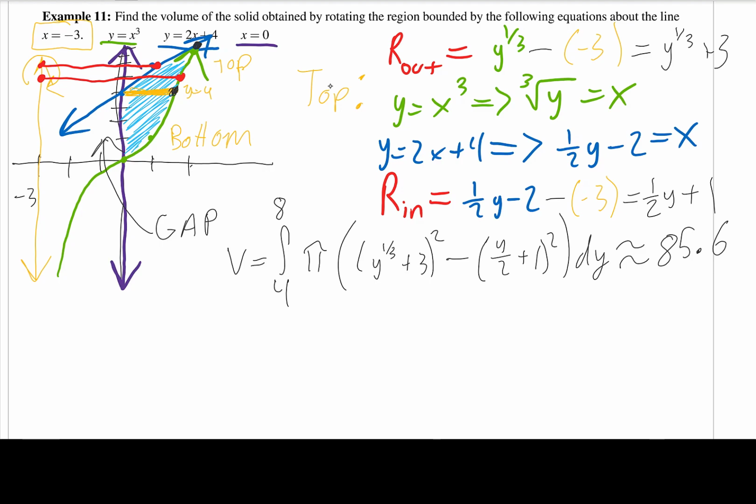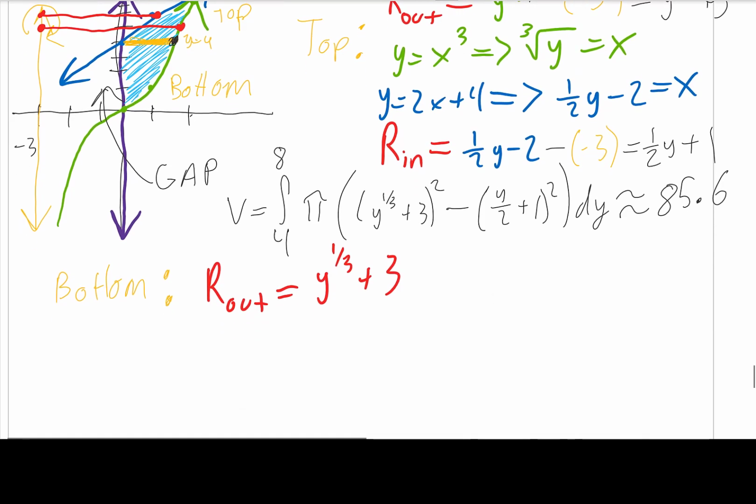Okay. Now for the bottom, remember we said that the outer radius was going to stay the same the entire time. So I can go ahead and write that down. I'm not going to use different colors or anything. That's just going to be r out equals y to the 1/3 plus 3. But what we need to calculate is our new inner radius.